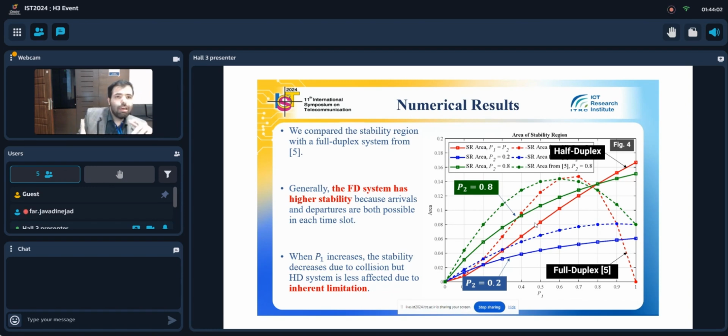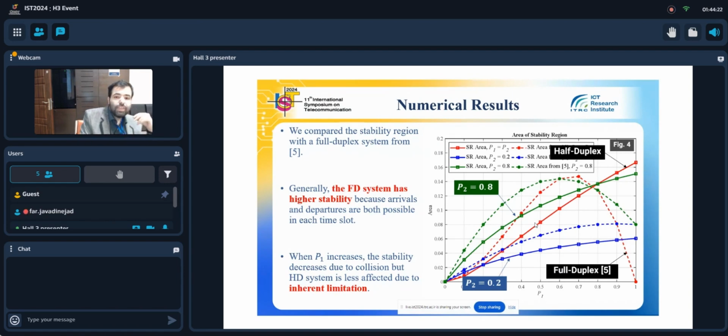The reason is that the full duplex system can have both arrivals and departures simultaneously, so the number of packets that are leaving that system is higher. So it's more stable. But this is only true when the transmission probability is low.